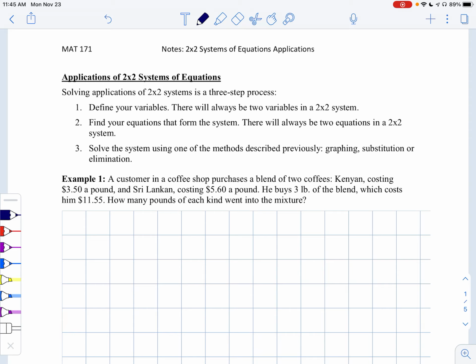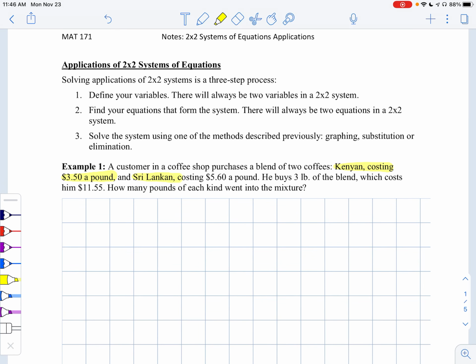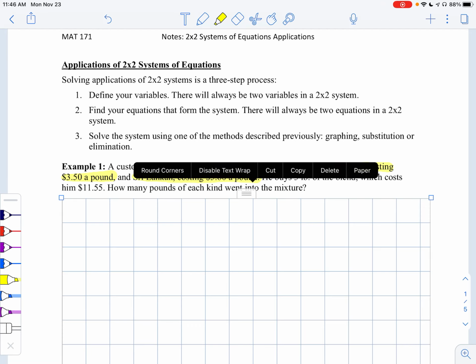All right, and I'm just going to highlight important information as we go. It says a customer in a coffee shop purchases a blend of two coffees. So we have Kenyan coffee, which costs $3.50 a pound. Then we have Sri Lankan coffee, which costs $5.60 a pound.